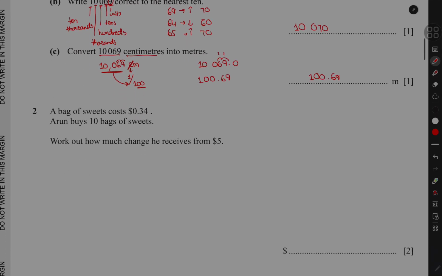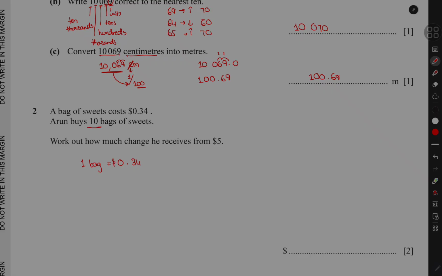A bag of sweets costs $0.34 or 34 cents. Arun buys 10 bags of sweets. Work out how much change he receives from $5. So that's easy. One bag is equal to $0.34.